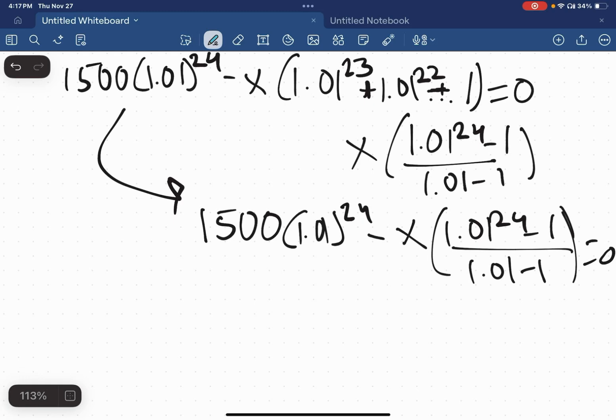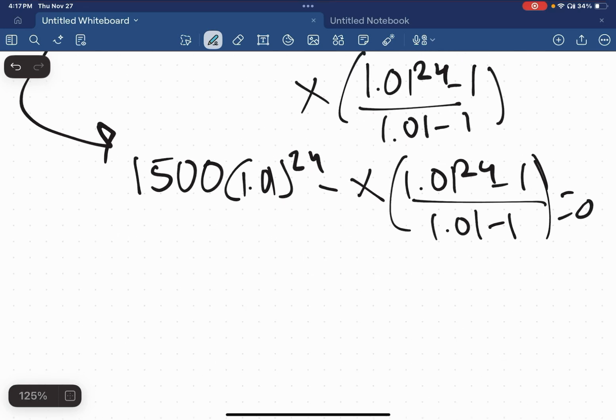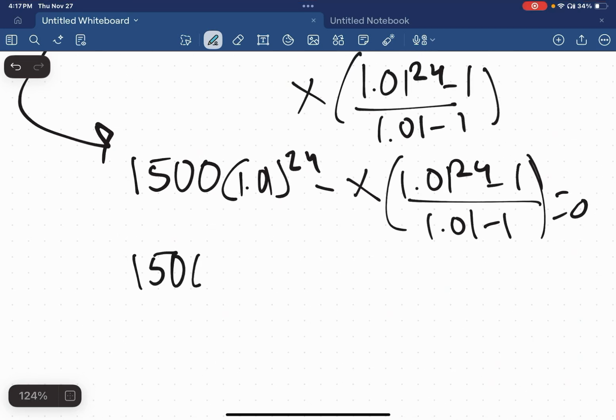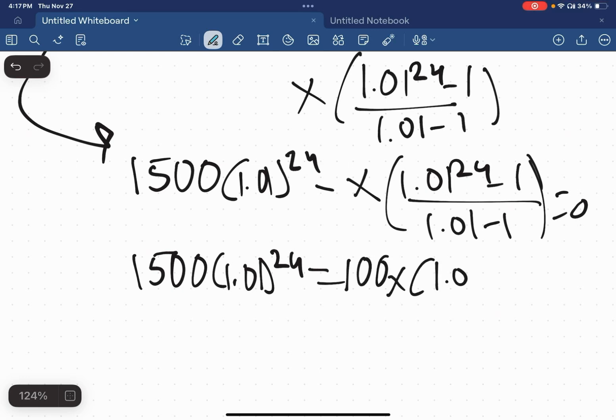Then adding x to both sides and getting rid of the fraction, we get 1500 times 1.01 to the 24 is equal to 100x times 1.01 to the 24 minus 1.